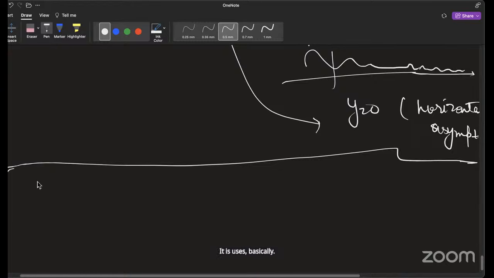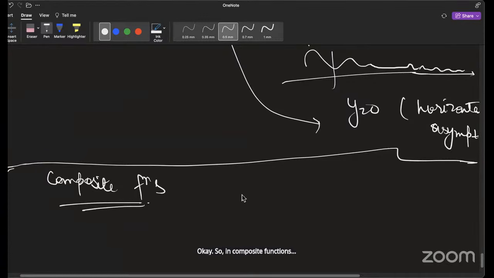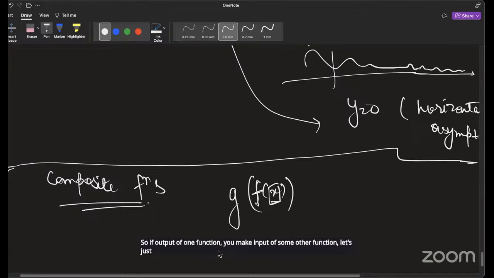Can we move on to composite functions now? Yes, ma'am. So composite functions are basically this: if this is your f(x), we know that x is the input and f(x) is the output. If the output of one function you make the input of some other function, let's say you apply a g here.